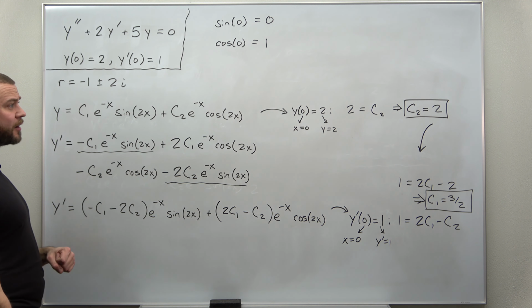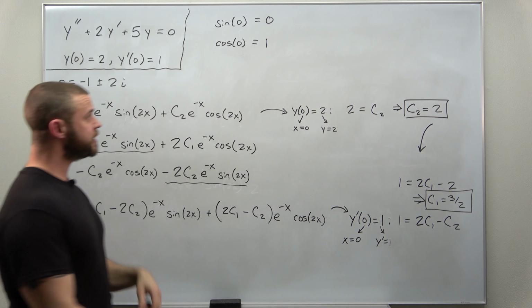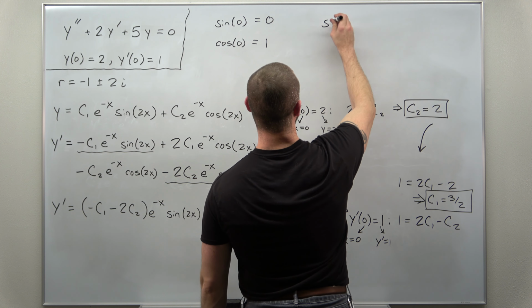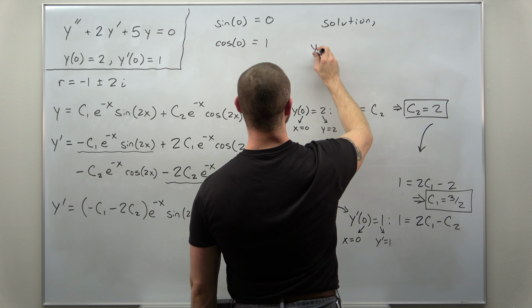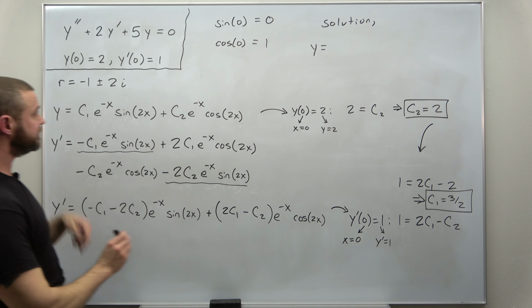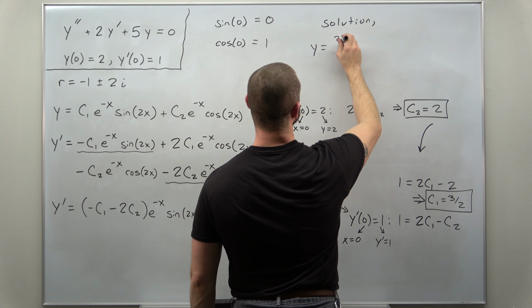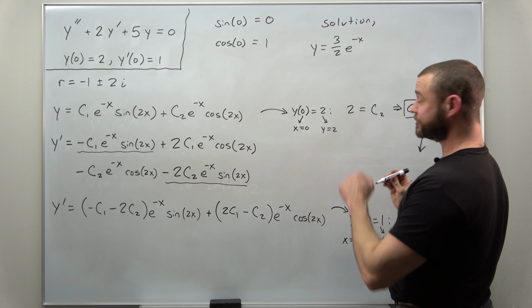So if we plug in our values of c1 and c2, we can get our solution here. And if we write that down, we have c1, which is 3/2. So we get 3 over 2 e to the negative x times sine of 2x.